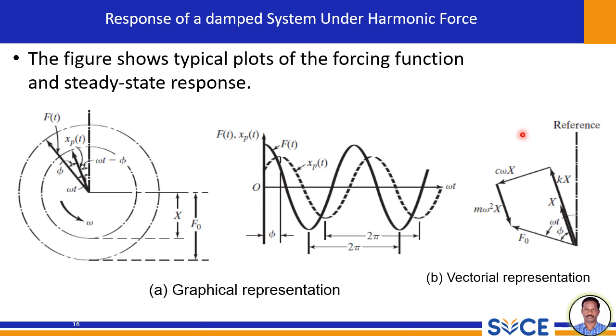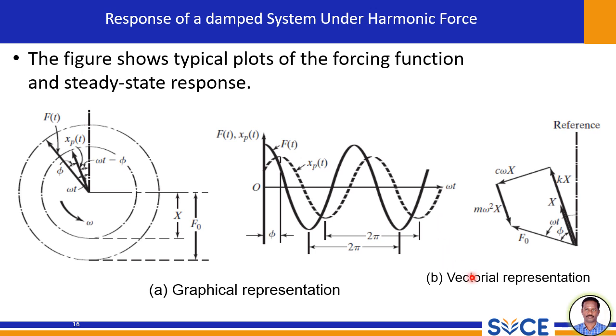The vector m omega square X represents the inertia force, which is 180 degrees out of phase with the displacement. The vector c omega X represents the damping force, and it is 90 degrees out of phase with the displacement.